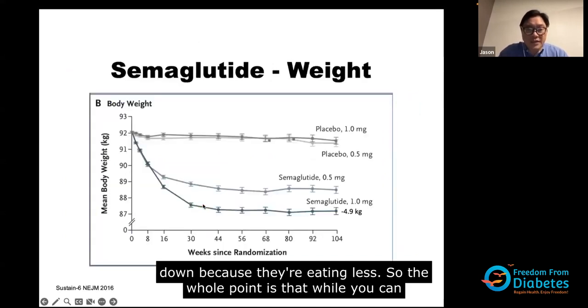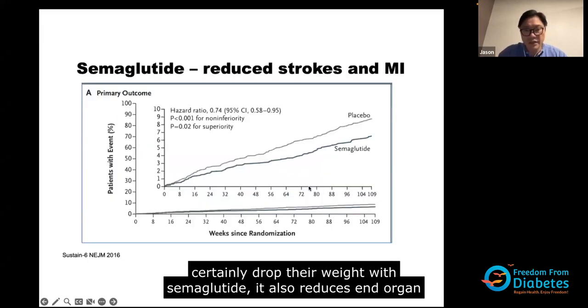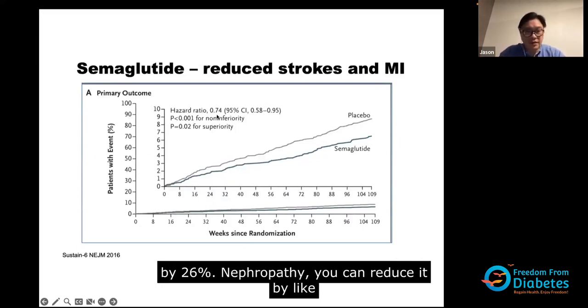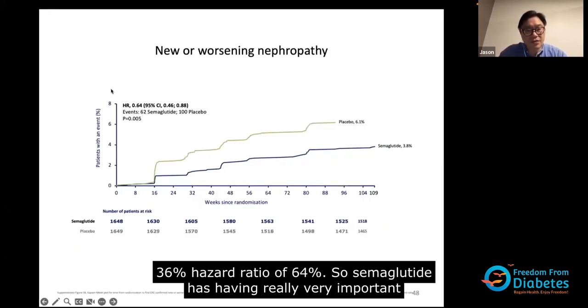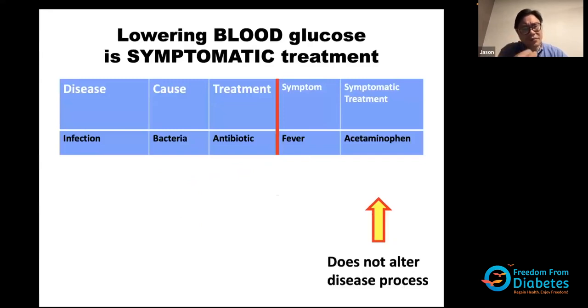So the whole point is that while you can certainly drop their weight with semaglutide, it also reduces end organ damage massively. If you look at stroke, for example, you reduce it by 26%. Nephropathy, you can reduce it by like 36%, hazard ratio of 64%. So semaglutide has really very important benefits.